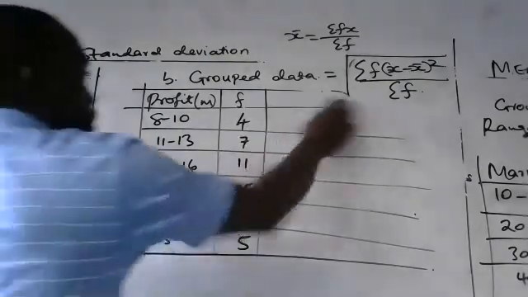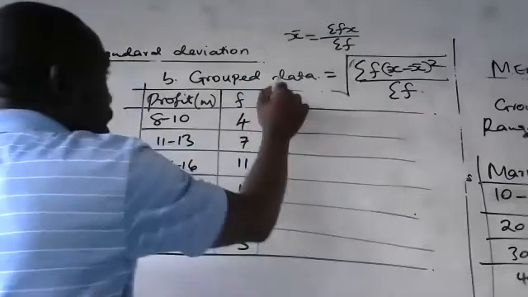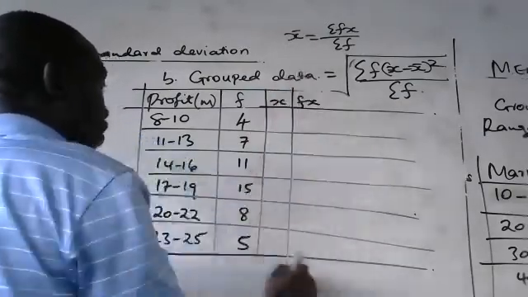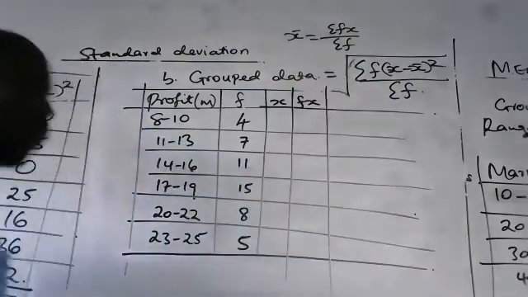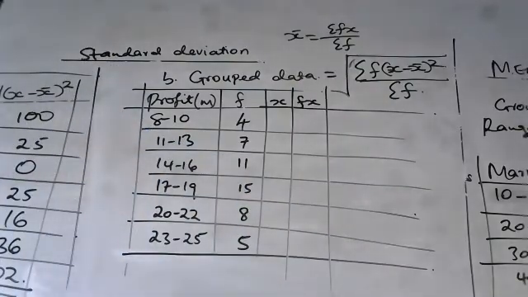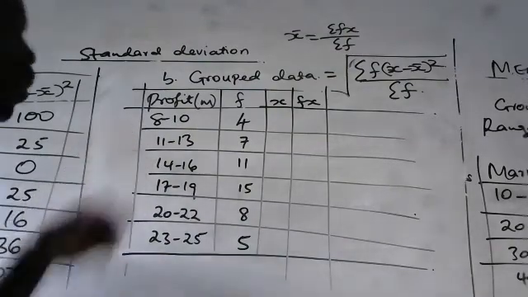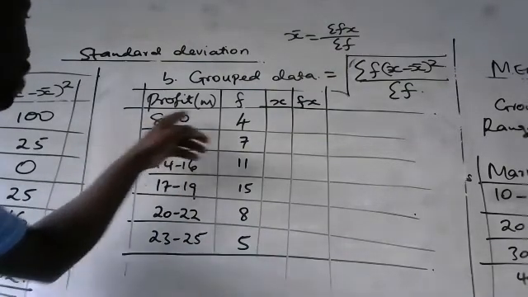For us to get x bar, we need a column for x and a column for fx. That is a requirement. There is no other way to get the mean apart from having those two columns. The x, we said, is the midpoint of the class.